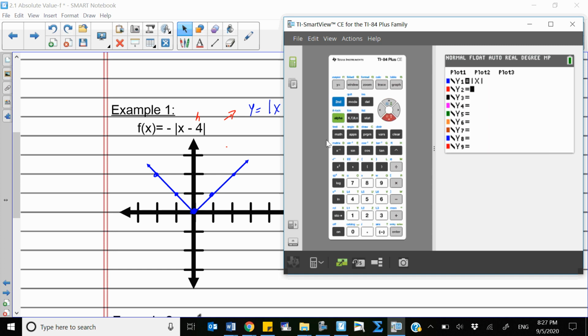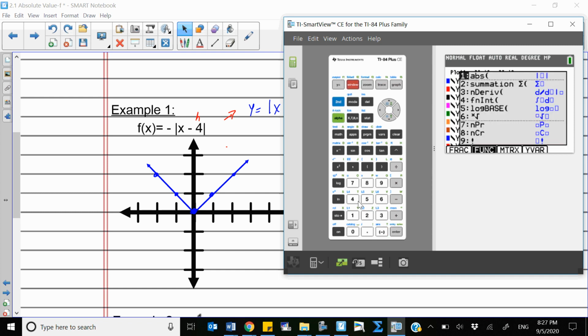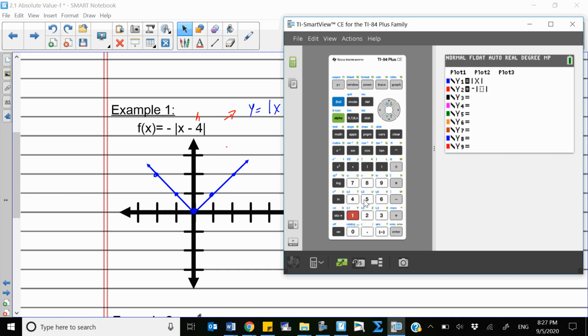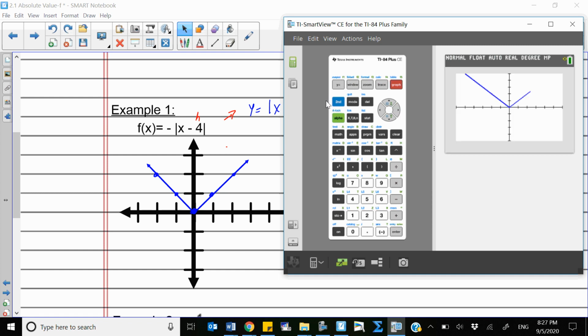So that's my parent function. And the second function, which is the transformed function, is negative absolute value of, so I use alpha window number 1, and then I write x minus 4. This is my second function. Now I can graph that, and as you see, it's exactly like what I had predicted before.